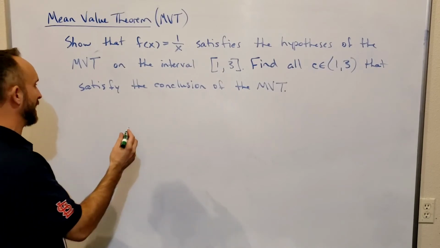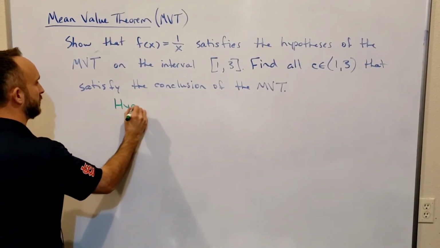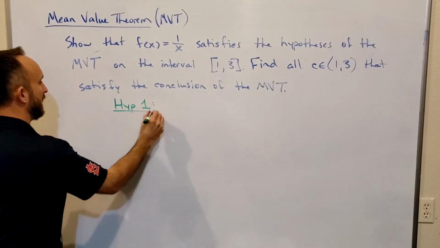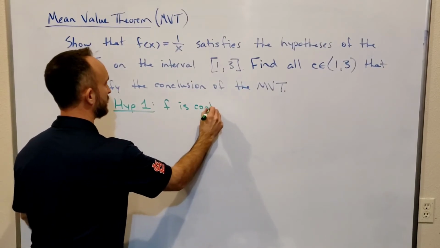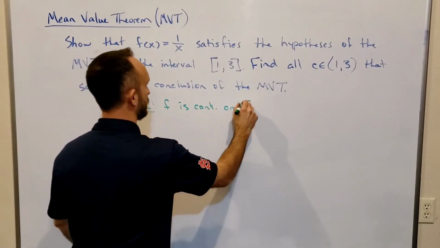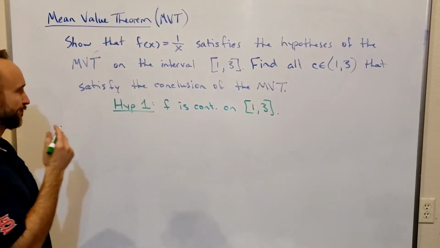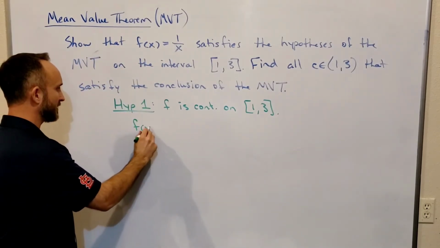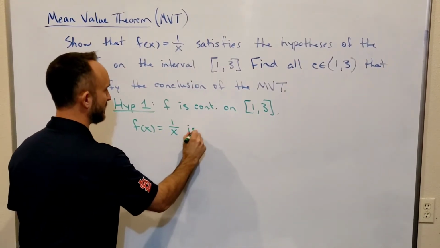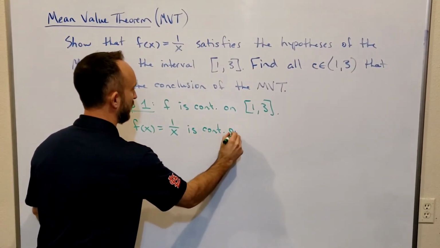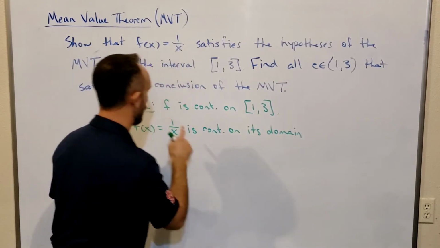So let's look at hypothesis 1. Hypothesis 1 says that f needs to be continuous on the closed interval. So in this case, from 1 to 3. Okay? So we need to show that that's true. Well, f of x, very simple function, 1 over x, is continuous on its domain, right? It's a rational function.